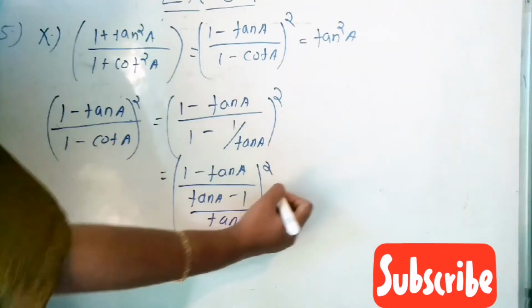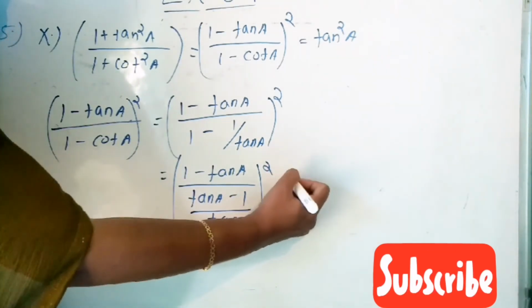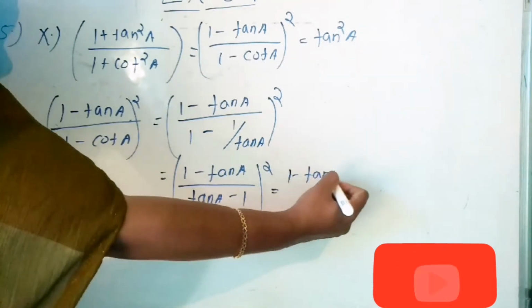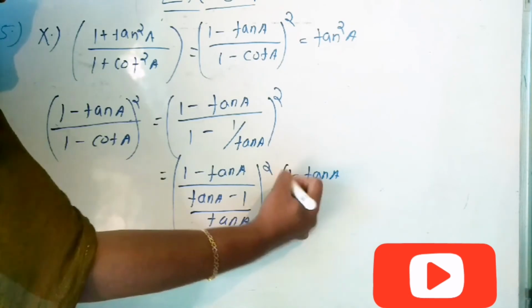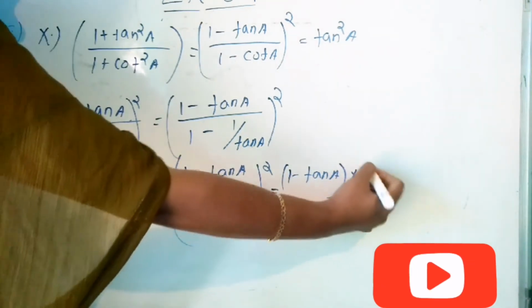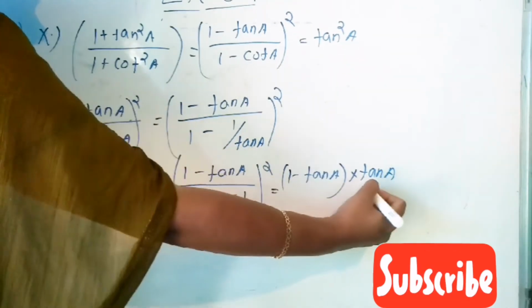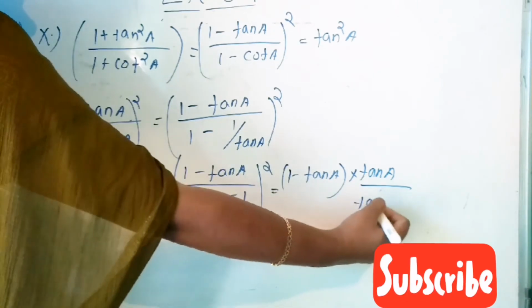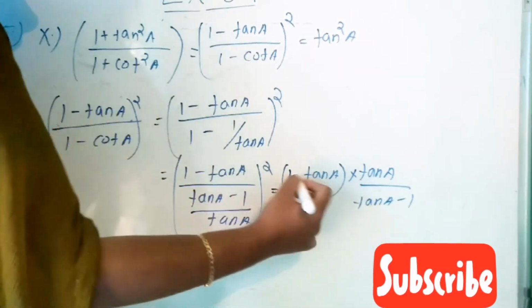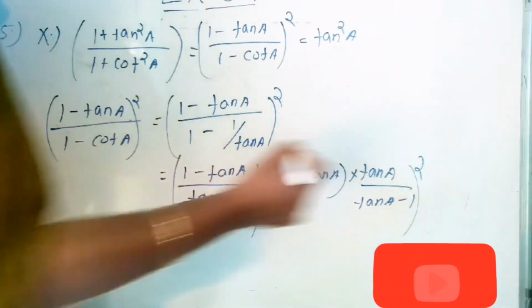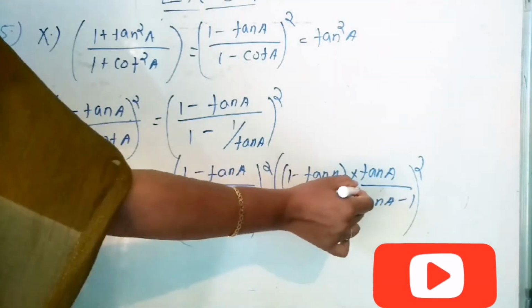Then this is equal to (1 minus tan A) into, take the reciprocal of the denominator, tan A divided by (tan A minus 1), all square.